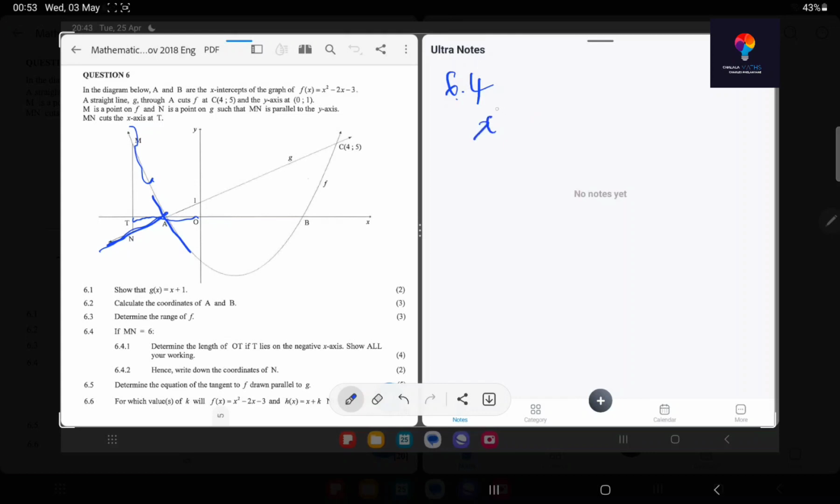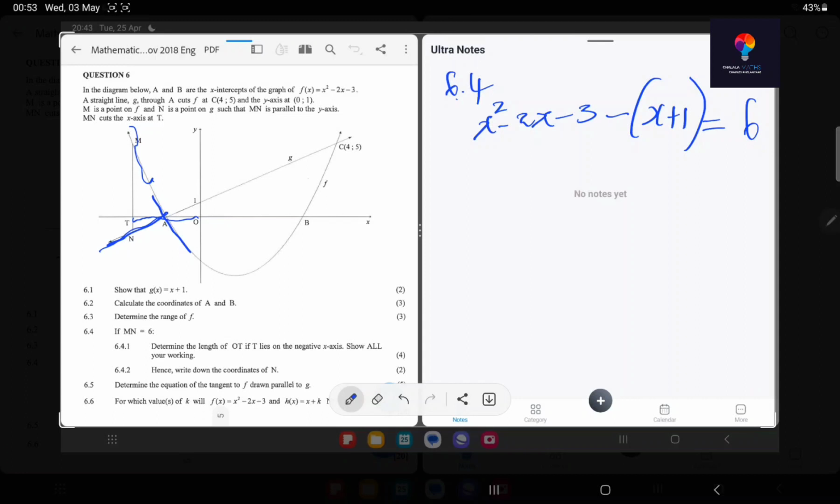We must say x squared minus 2x minus 3, which is of course the graph f, then it must minus the straight line, which is x plus 1. The whole subtracting part of it is going to give us the length of 6, which is MN.